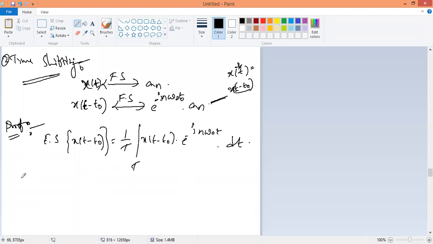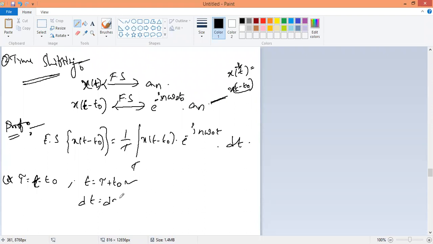Here let tau equal t minus t naught. From this, what is the t value? The t value is tau plus t naught. Next, differentiate the above with respect to the variable.